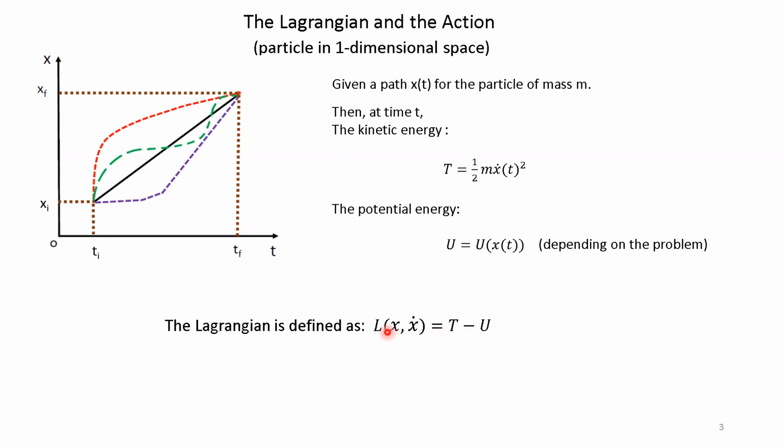This quantity is called the Lagrangian, this capital L. Next, the action is defined as the time integral of the Lagrangian. Of course, the time integral will be taken from the initial time ti to the final time tf over here.